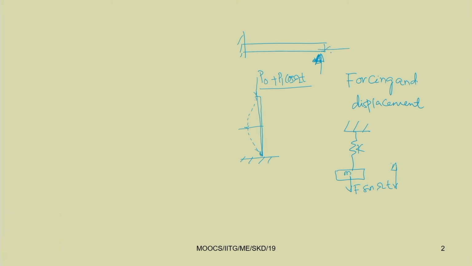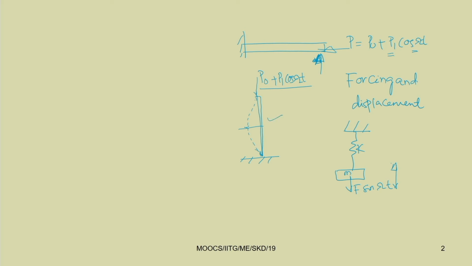If we are applying a load in this horizontal direction, that is P equal to P 0 plus P 1 cos omega t, you can see that it will start to buckle or bend for certain values of P 1 and omega, which are very much less than its critical load.